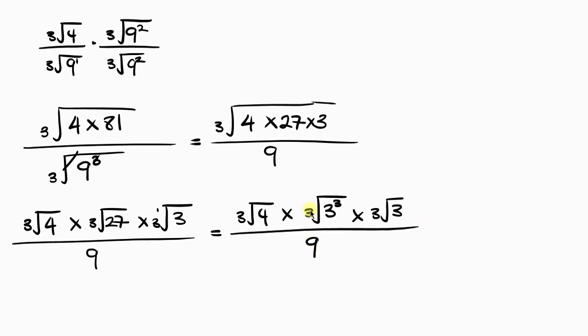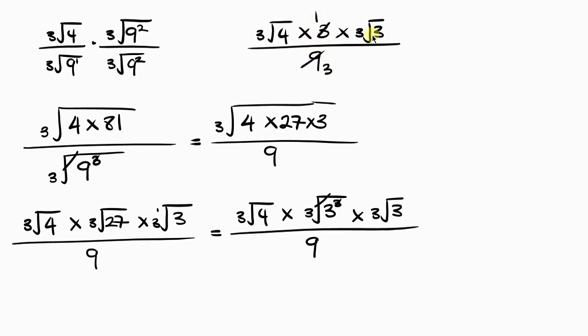Now notice that the cube root can cancel off the cube, leaving behind 3. So we have the cube root of 4 times 3 and then times the cube root of 3 all over 9. Now 3 here, 1 here, gives 3.